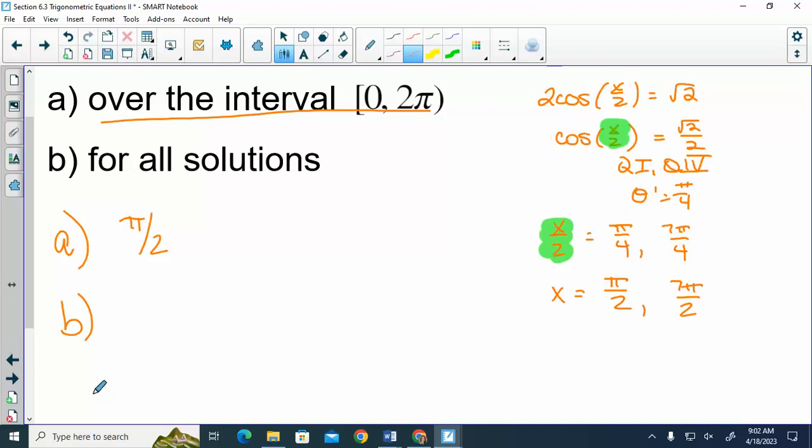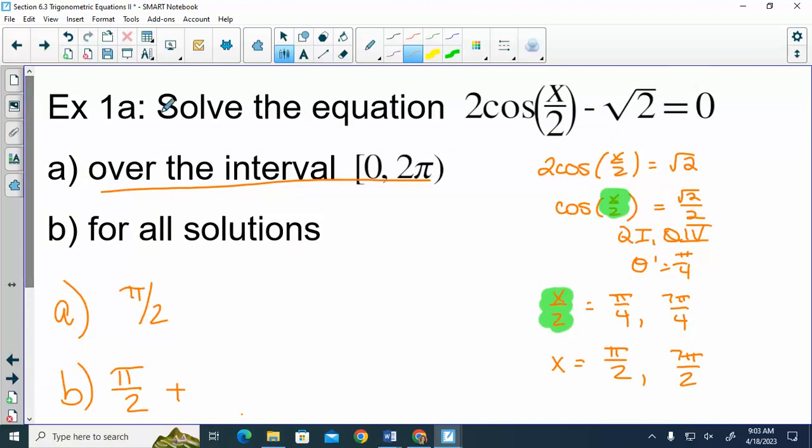Part B, if I want all solutions. Okay, all possible solutions. When we did this yesterday, we talked about how you have to take your starting one and add something to it. And we were always adding 360 or 2 pi because that was the period. But what is the period of this one?